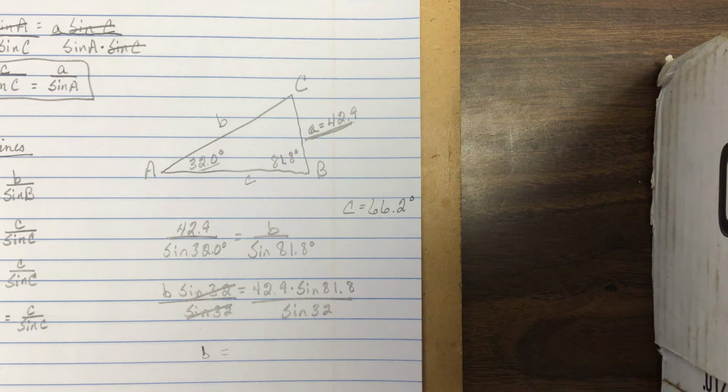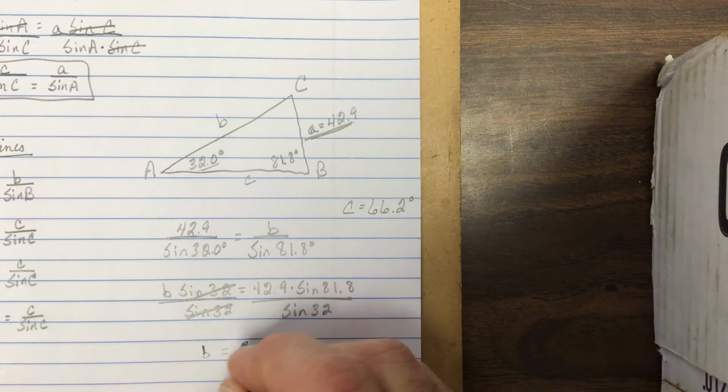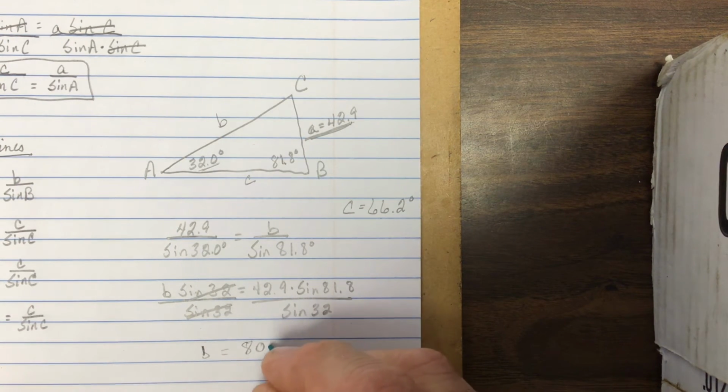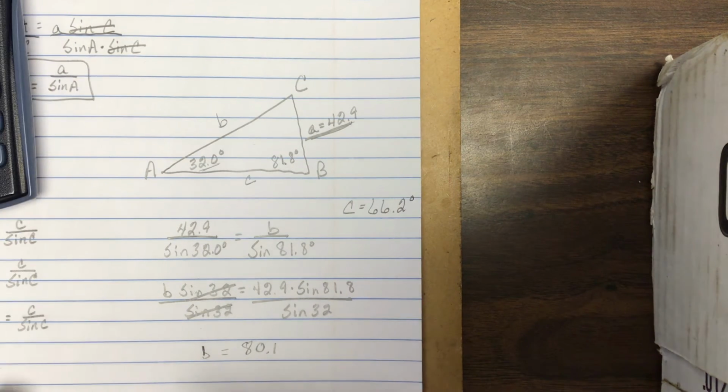Better get this in degree mode. That's in radian mode. There we go. Now I can do it. 42.9 times the sine of 81.8 divided by the sine of 32 equals 80.1. Okay, so little b is 80.1 units.